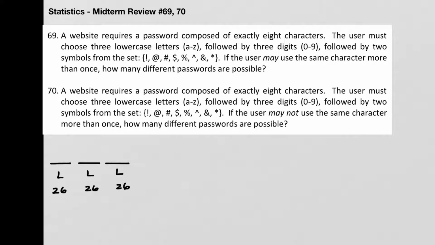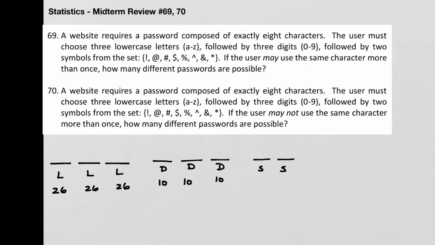And then we're going to choose 3 digits. And there are 10 choices, because 0 through 9, 10 different digits, 10 choices for each of those. And then we have our symbols. There's 2 of those.